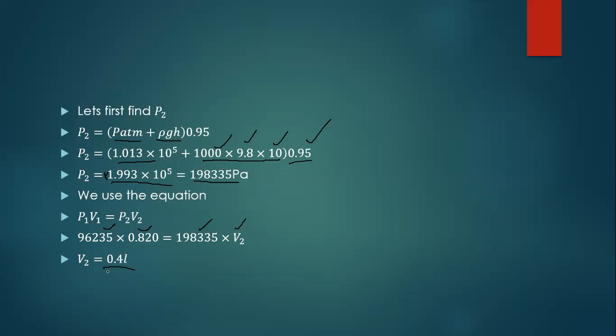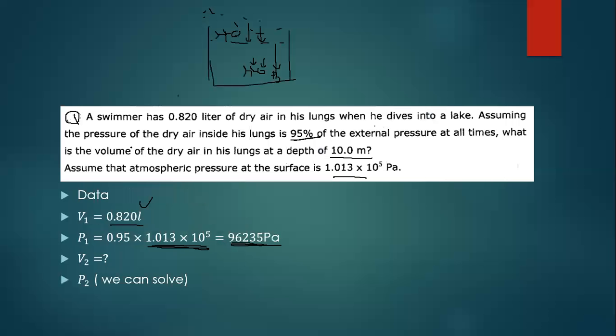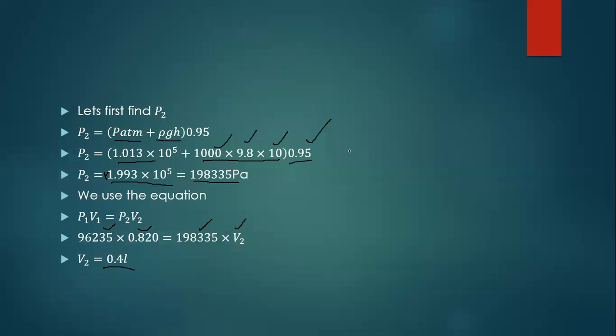0.95? Okay, it's because we were told that the pressure of dry air inside his lungs is 95% of the external pressure at all times. So the external pressure is what we have, the atmospheric pressure plus, this is not P, this is rho. It is bending like this.